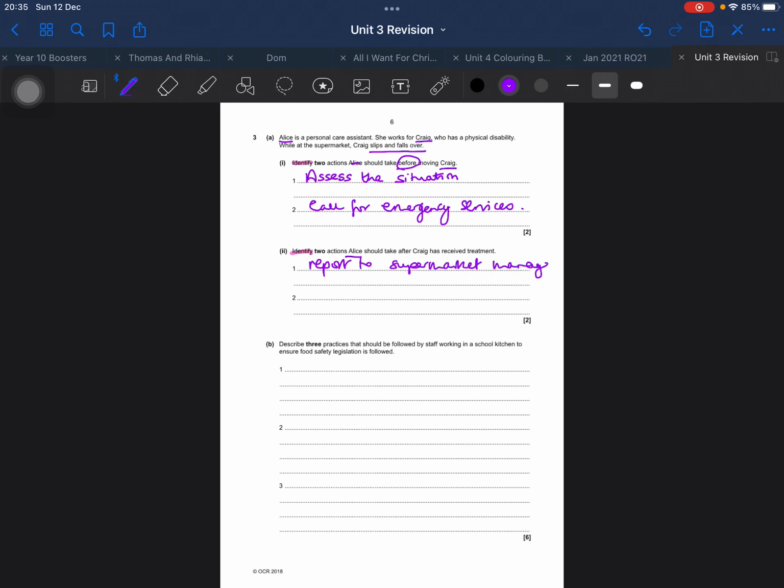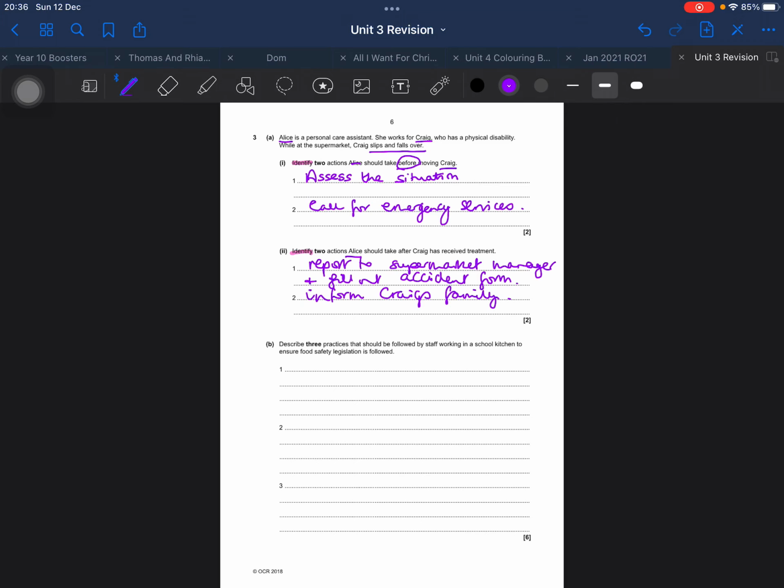I'm going to put the manager as they're the top person to blame, and fill out accident form. Okay, once we've done that, maybe she should inform Craig's family or his emergency contacts and reassure him, make sure that they continue to provide care for him.